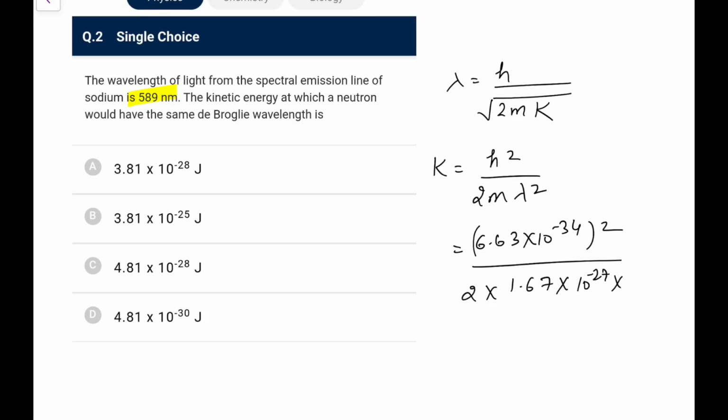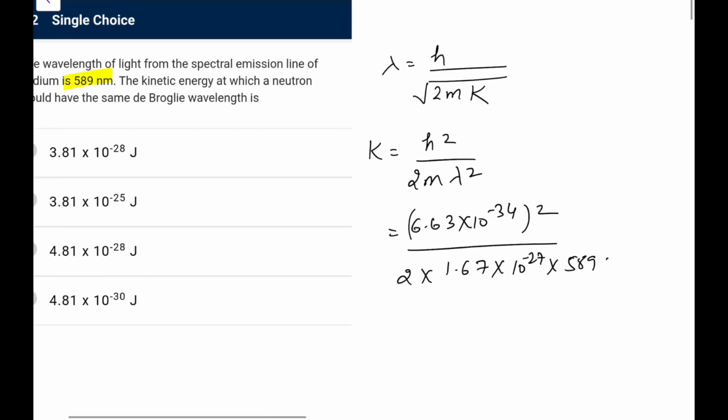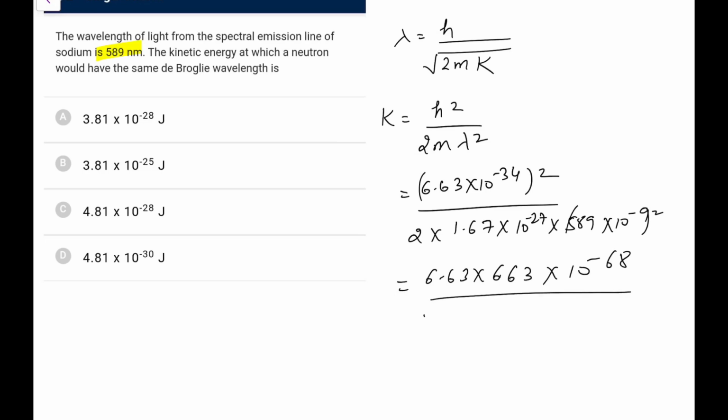And lambda square: lambda is 589 nano, that means 10 to the power minus 9, whole square. So if I take the powers, first of all it would be 6.63 into 6.63 into 10 to the power minus 68. Here you will have 2 into 5 by 3 into 589 into 589, and with the 18 and 27 you will get 3745.